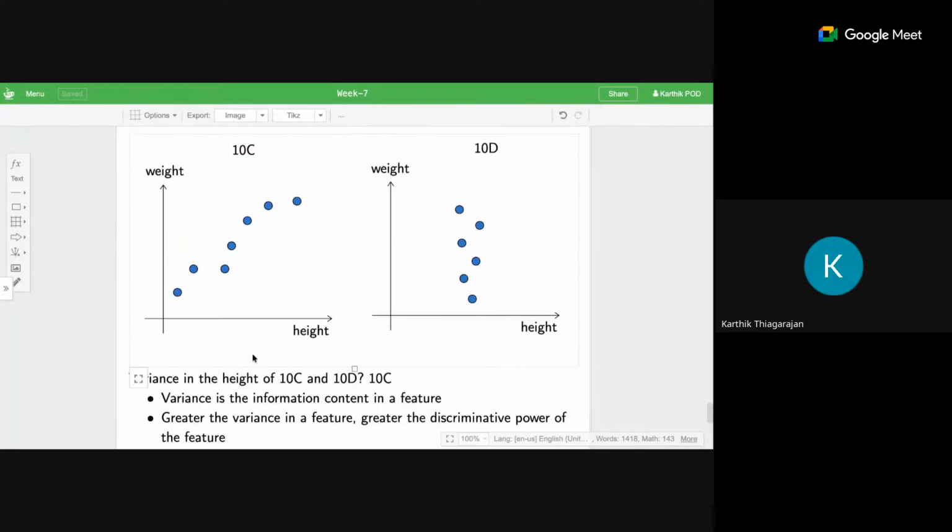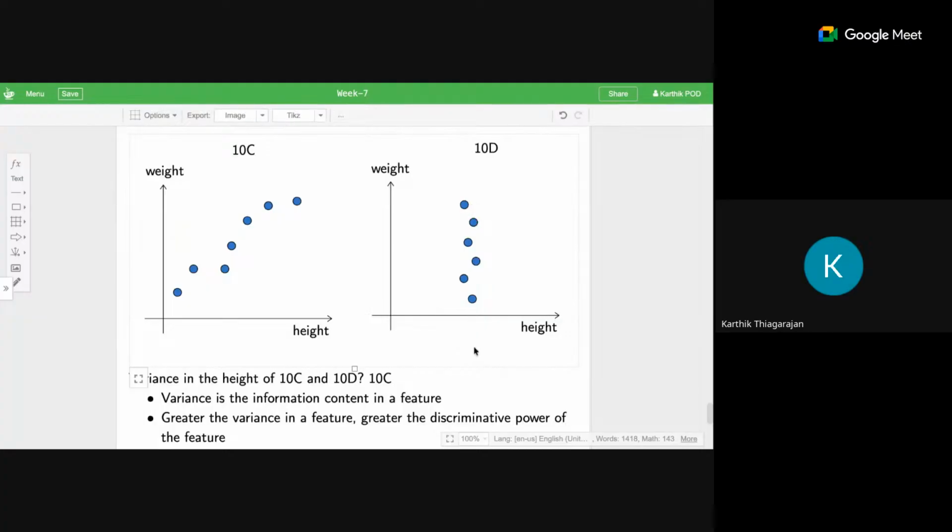Notice that because there is a lot of variance in height and weight, you are able to make that inference, right? So in this case, if you notice, the height is almost the same. It's a very peculiar classroom. You will never see classrooms like this, but still. You have these many students in the class, and all of them have roughly the same height.